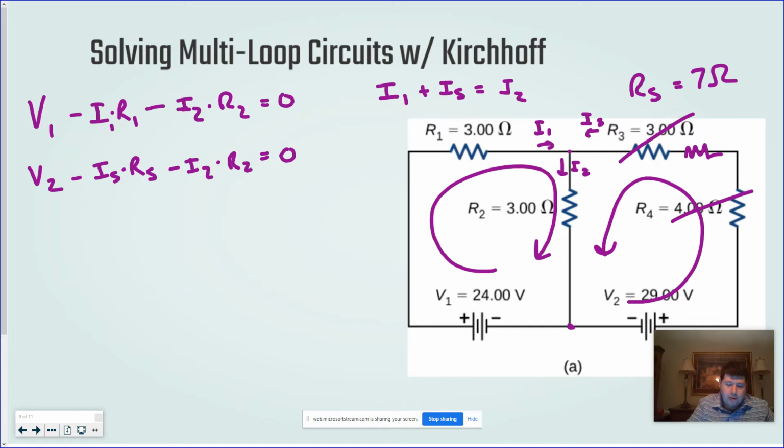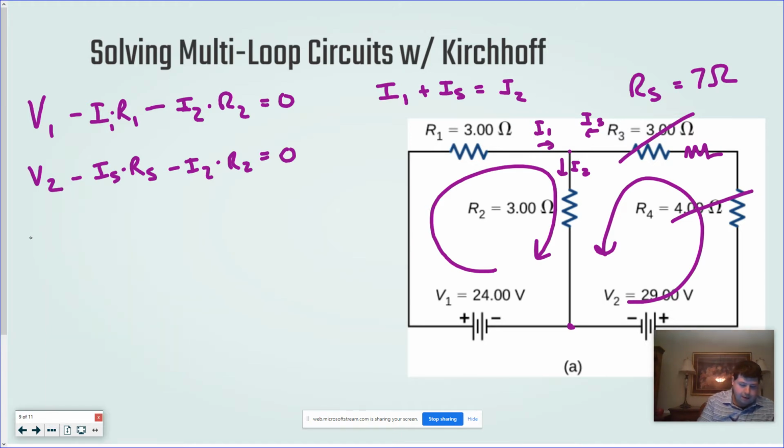Now, there's a few different ways you can solve these types of problems. One thing I might notice already is that my two equations here are sort of similar. I can first off replace I2 in both of them with I1 plus I5 to get two simpler equations. So I'm going to go ahead and do that.